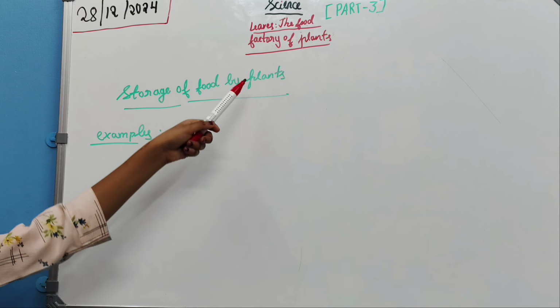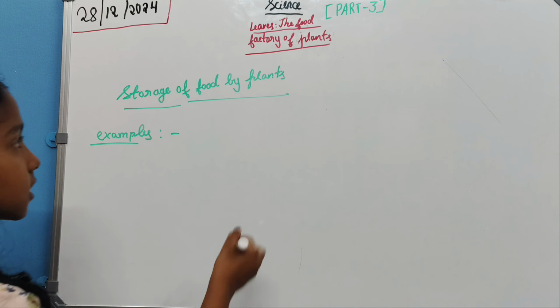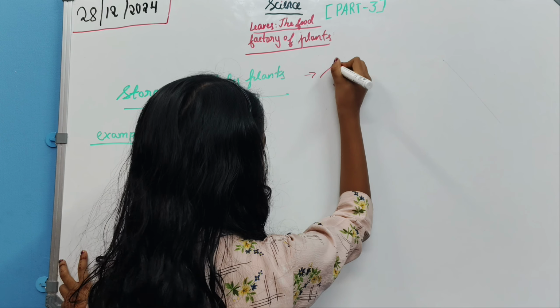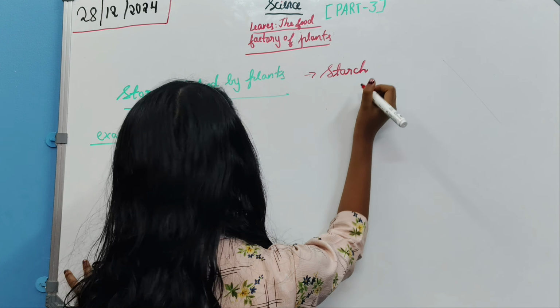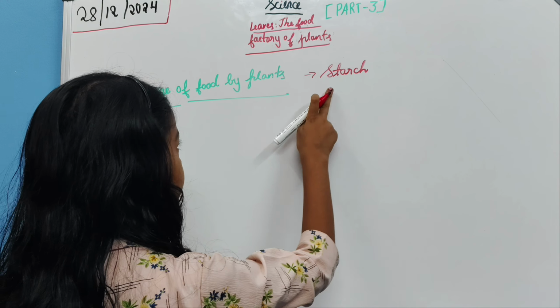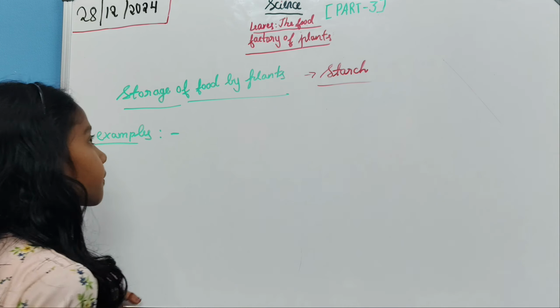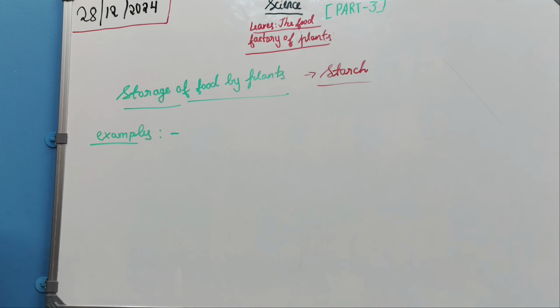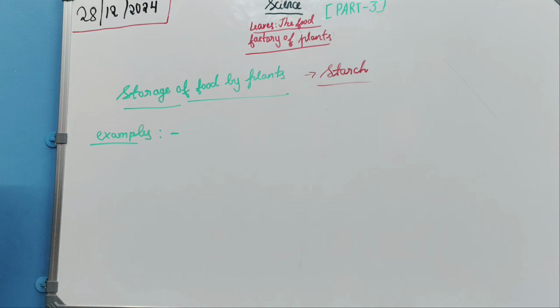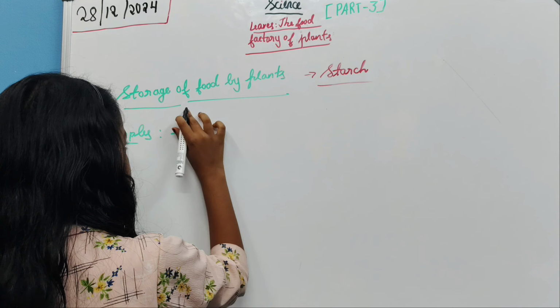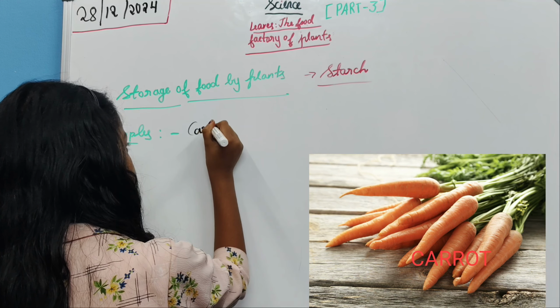And the storage of the food by plant is called starch. Okay, storage of food by plants is called starch. Let's see some examples. Carrot first.